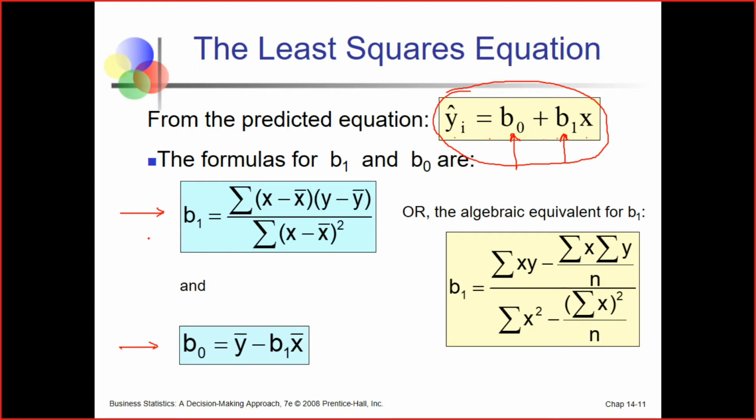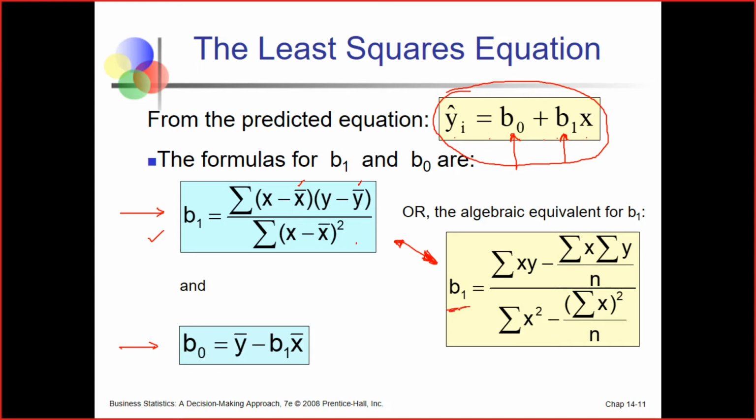This is the formula, a direct formula and a shortcut formula. Any one of these you can use, both are valid. This one is direct, based on the mean. Or you can use the indirect shortcut method, calculating b1 without calculating any mean.